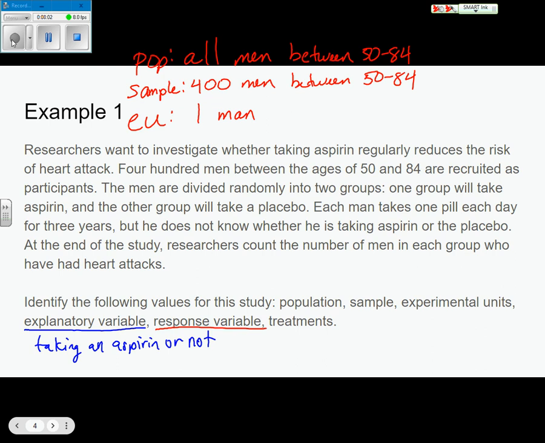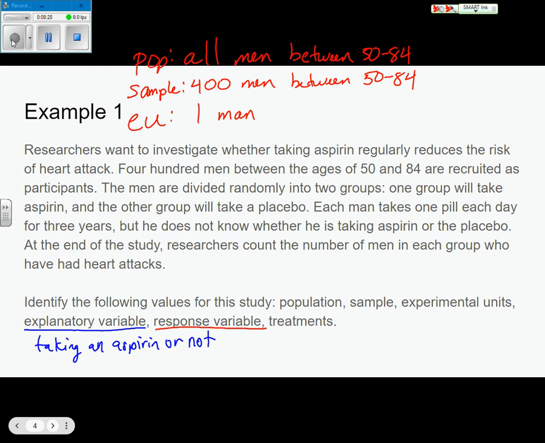The response variable. What am I trying to explain by taking an aspirin or not? It's also called a predictor variable. What am I going to be able to measure at the end?